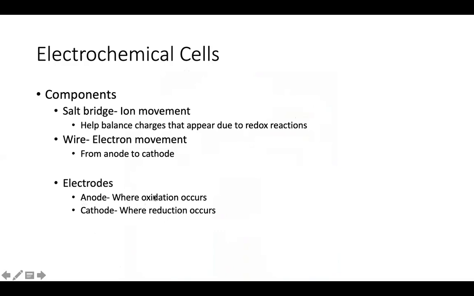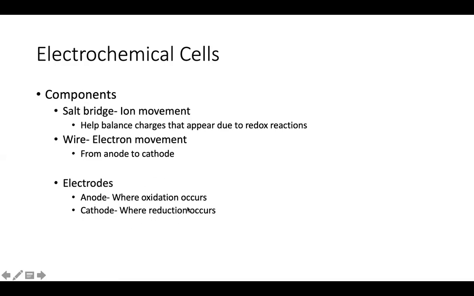So the ones that start with vowels occur together. So oxidation at the anode, while cathode, the C that cathode starts with, and the R that reduction starts with, both start with consonants. Okay, and so again, I don't love that trick to remember it. However, it has helped me.